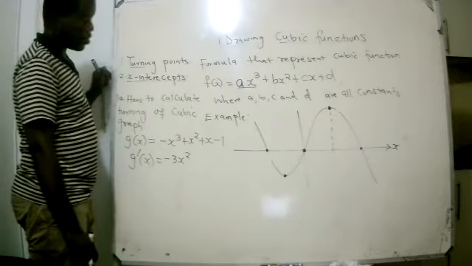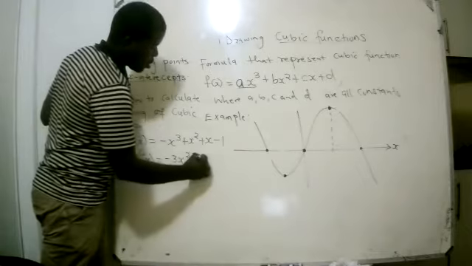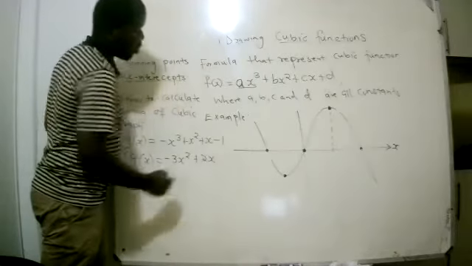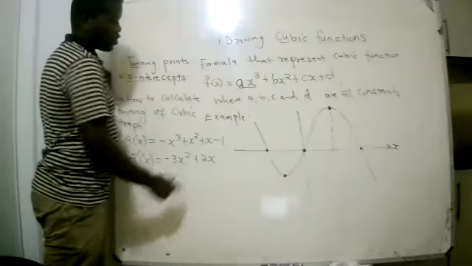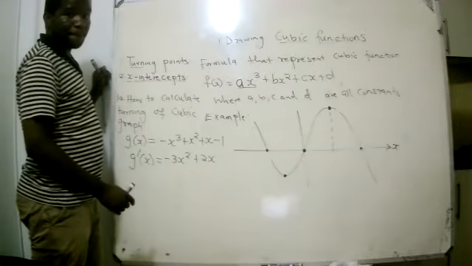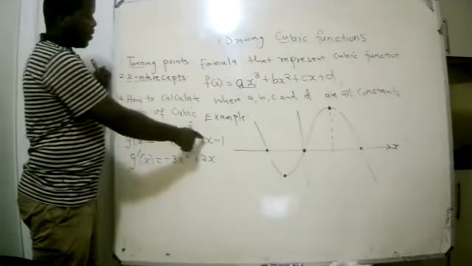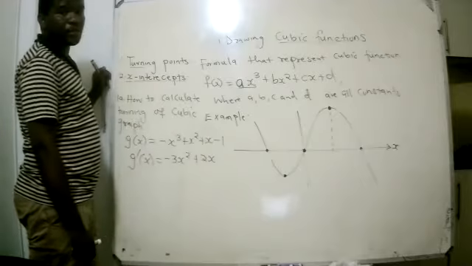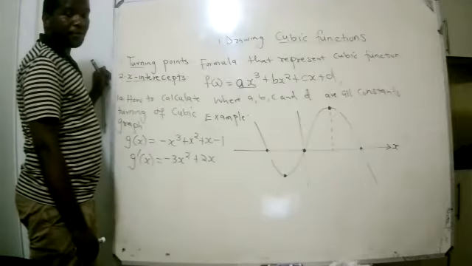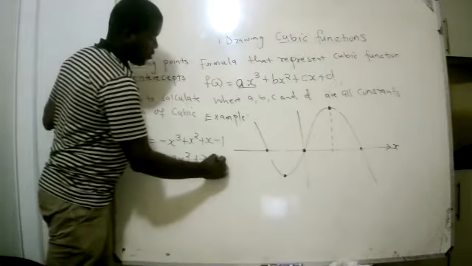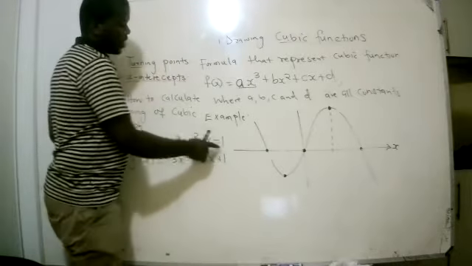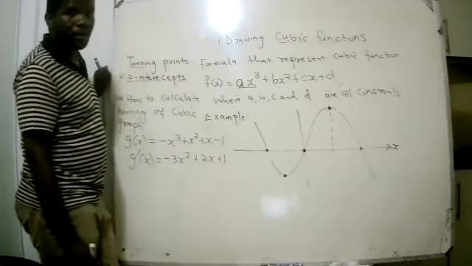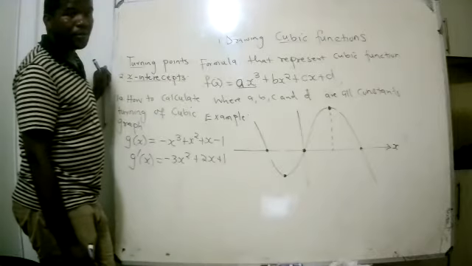It is 2x to the power of 1, which is the same as 2x, right? Yeah. And then what's the differentiation of x? It will be 1. Very true. What is the differentiation of negative 1? It falls away.